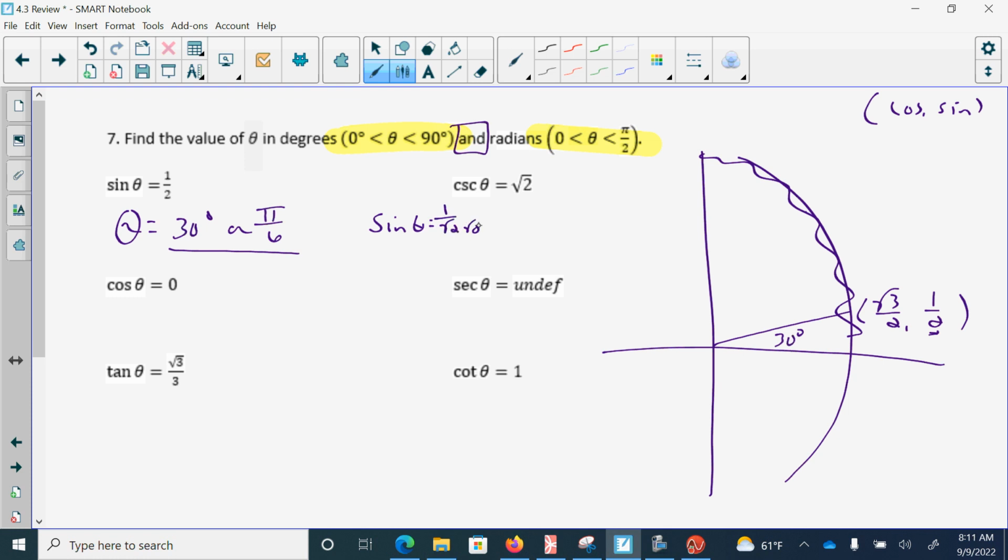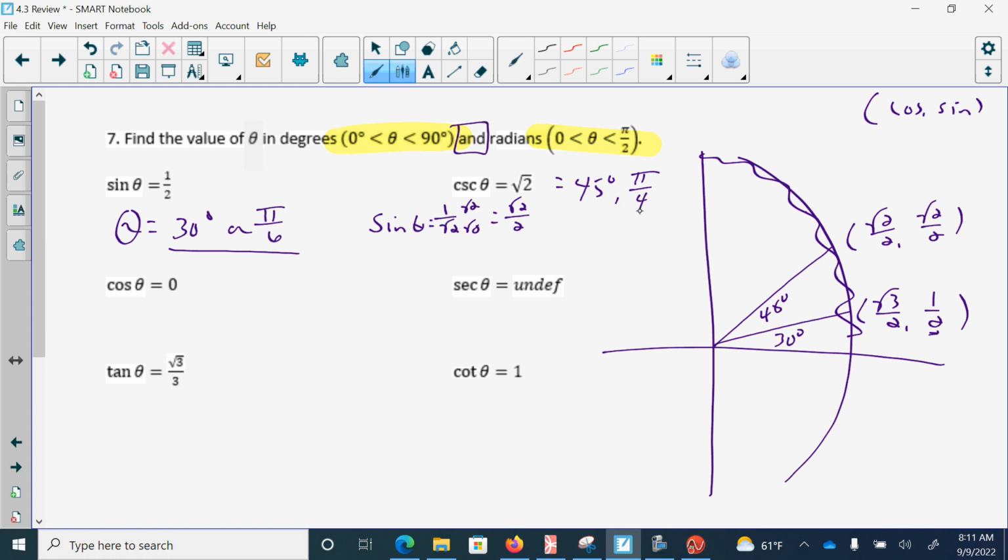And then I probably rationalize. So the square root of 2 over 2. So this is asking me, when is the sine, or when is the y value equal to the square root of 2 over 2? And if I'm writing down my unit circle, that happens at 45 degrees or pi over 4. Again, I have to give both.